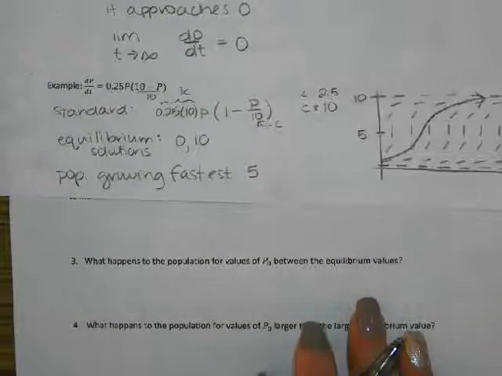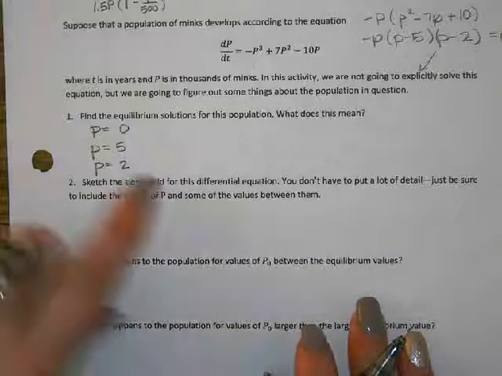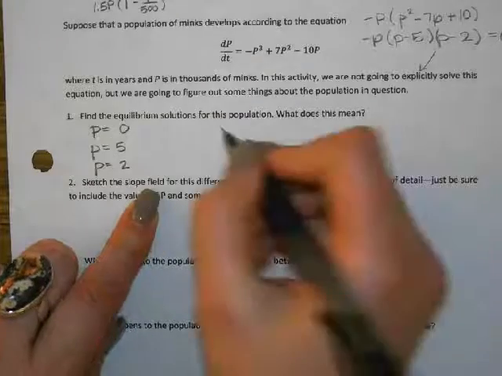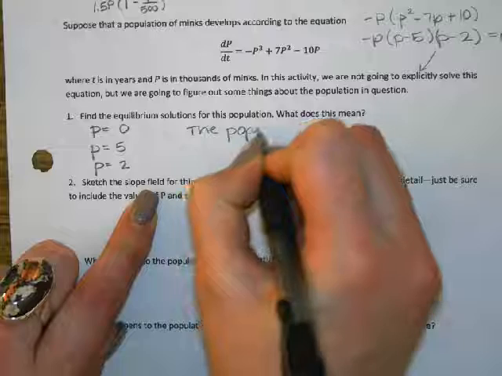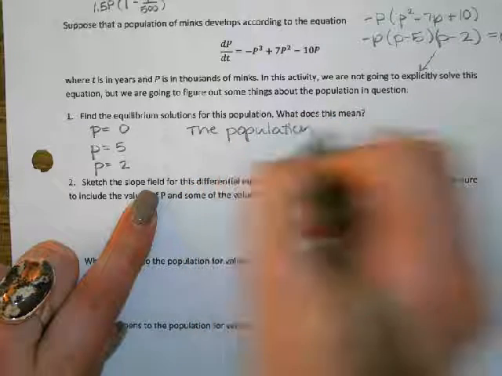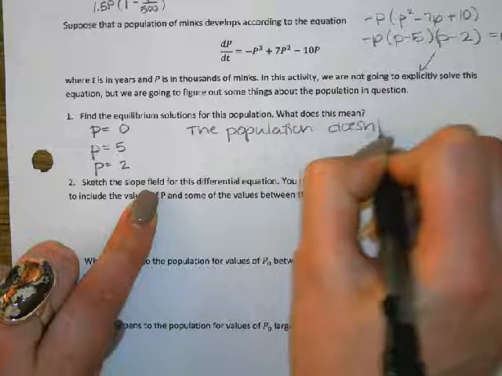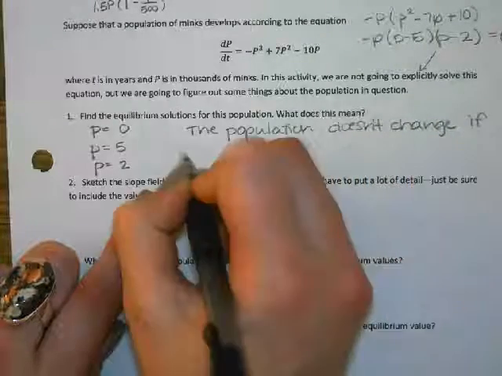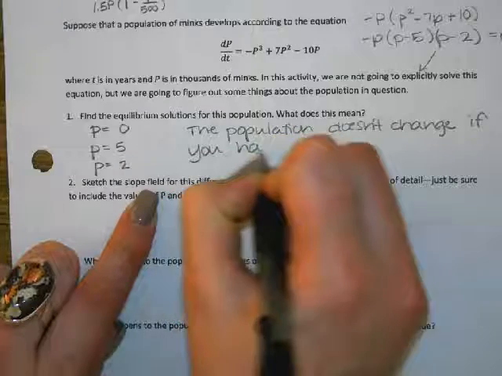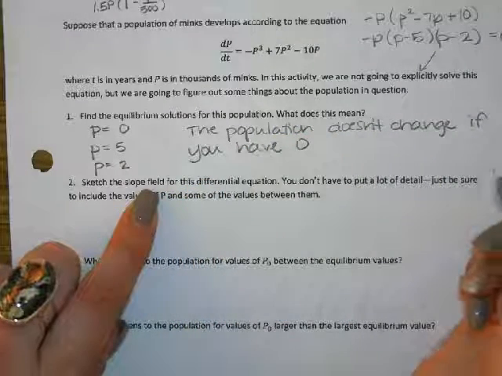So your equilibrium solutions are the places where your population doesn't change. So we're going to say the population doesn't change if you have 0 minks. That makes sense. You have 0 minks.